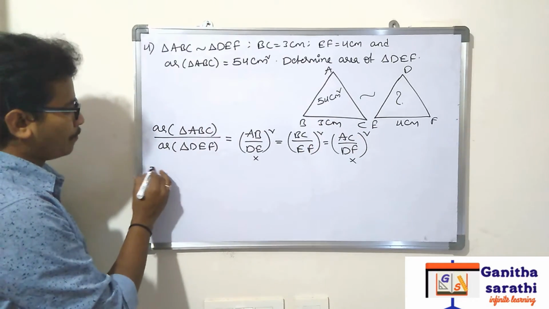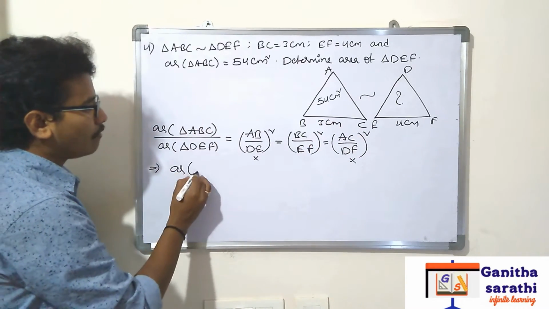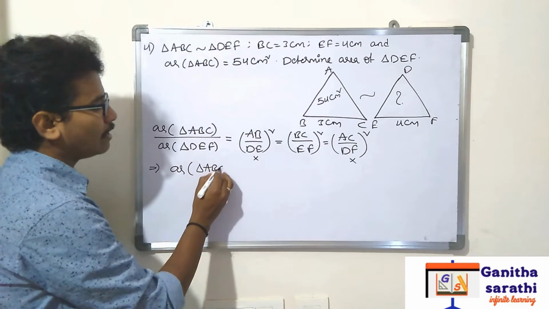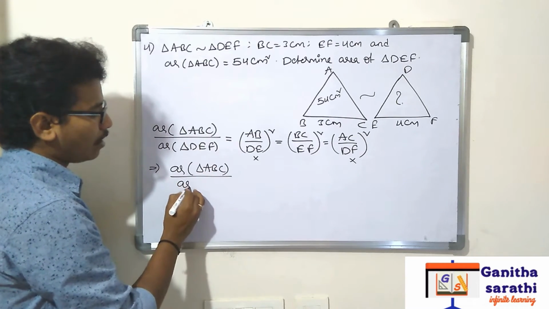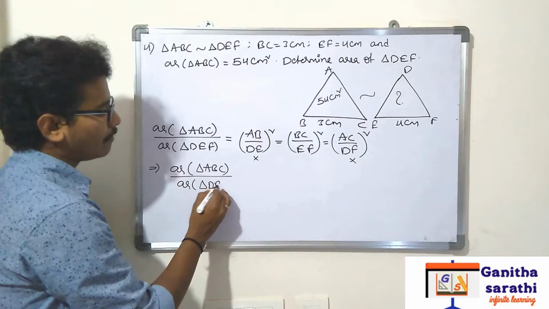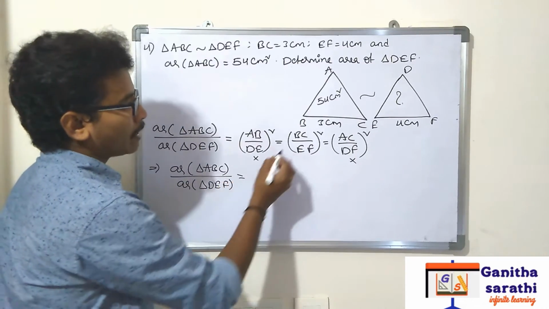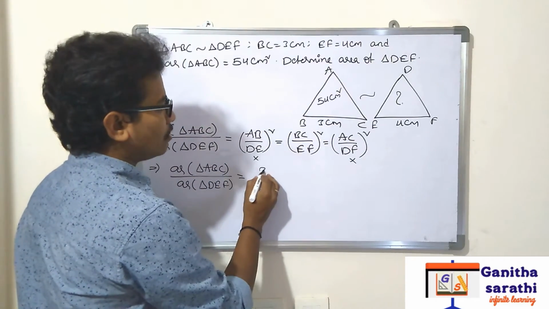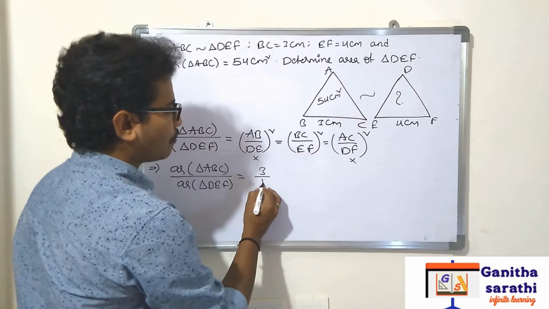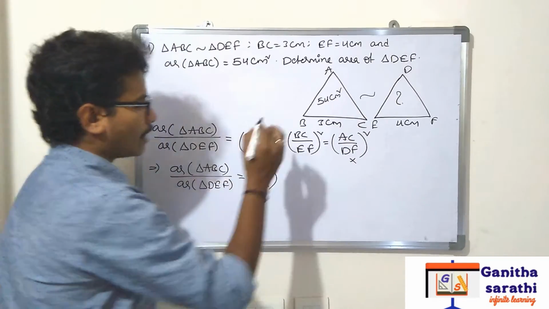Okay. Now area of triangle ABC by area of triangle DEF is equal to BC by EF whole square. BC value is 3, EF value is 4, whole square. Got it?